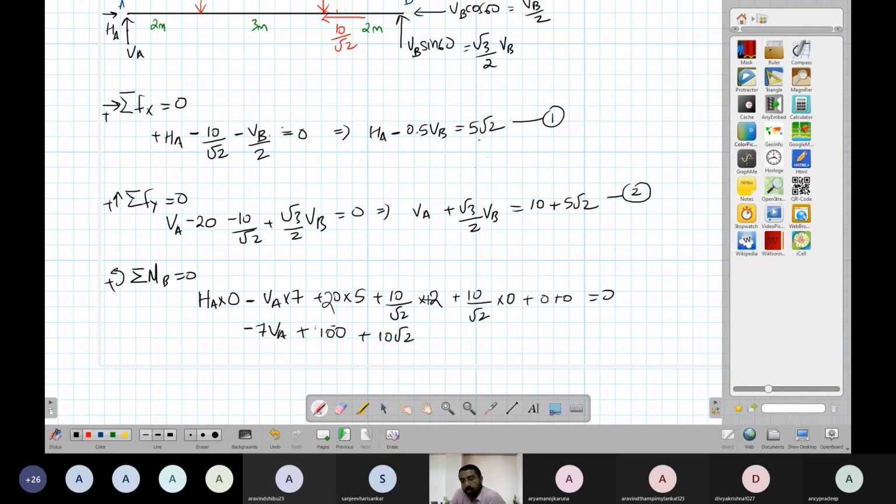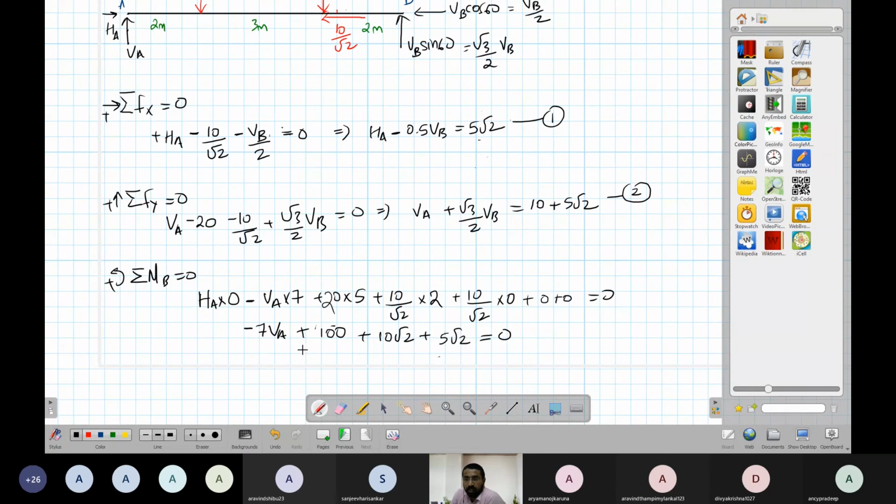Root 2 into 2, root 2 cancels, so 10 root 2. Plus 10 by root 2, which is the same as 5 root 2, equal to 0. So 10 plus 5 gives 15 root 2.